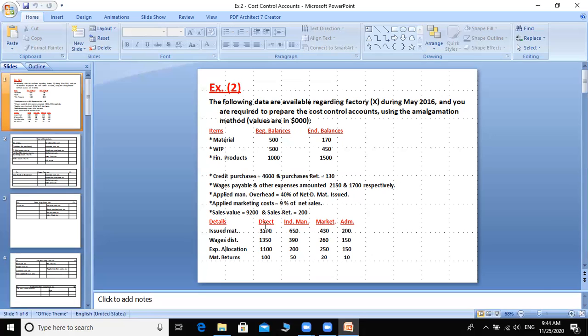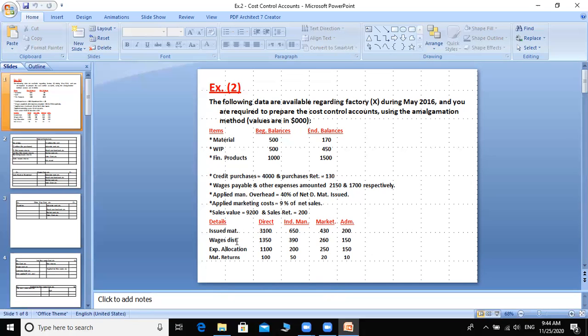Now, the details: direct material, direct wages, and direct expenses are to affect the work in process. These items should affect the indirect manufacturing cost. These items will affect the marketing cost. These items will affect the administrative cost, right? I issued material: direct material, indirect manufacturing, indirect marketing, indirect administrative.